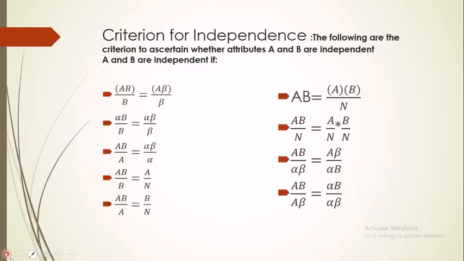So if any of these equations is satisfied, that is enough for us to tell that A and B are independent. Just keep these formulas in mind so that they might help you in solving problems.